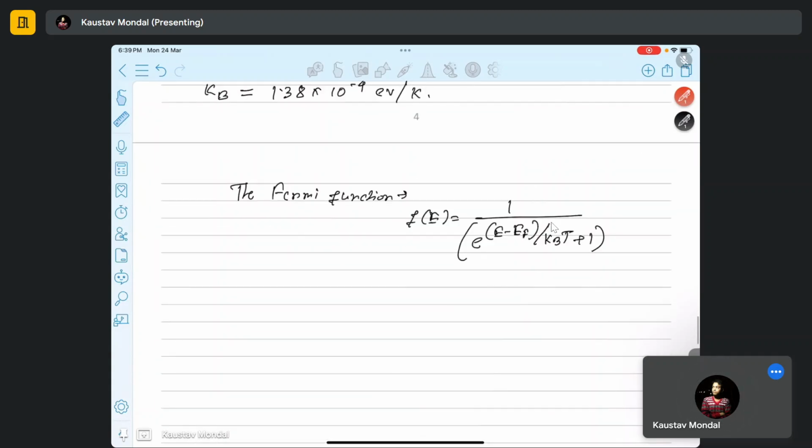Now I have to rearrange this whole thing, right?